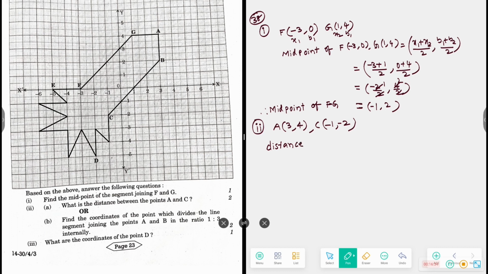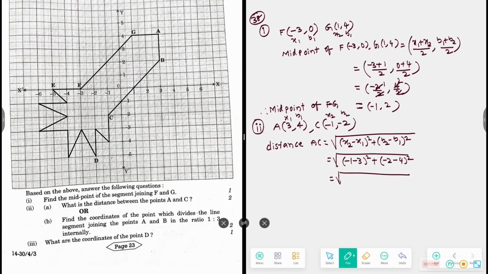Distance AC is equal to, formula is what? Root of x2 minus x1 whole square plus y2 minus y1 whole square, which can be written further. x1, y1 and x2, y2 substituted: -1 minus 3 whole square plus -2 minus 4 whole square, that is root of -4 whole square plus -6 whole square, which is 16 plus 36, that is root of 52 units.